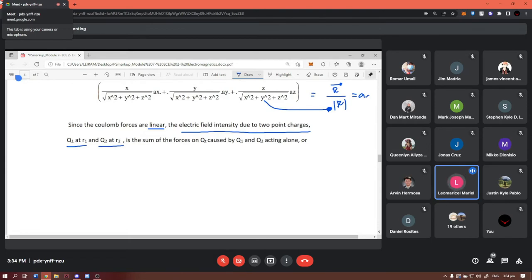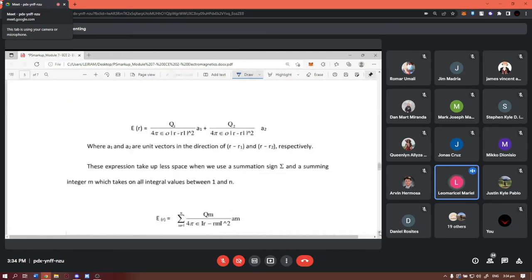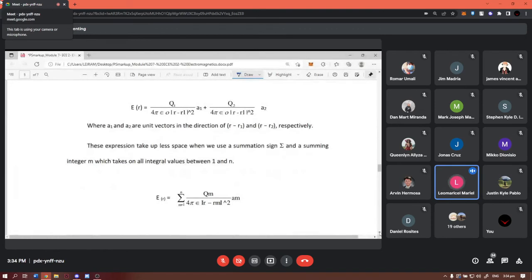So the sum of the force on QT caused by Q1 and QT acting alone will be kamukha lang din nung ginagawa natin sa dati. Yung epekto ng Q1 sa QT plus yung epekto ng Q2 sa QT. Kung halimbawa, apat yan, Q3 sa QT, Q4 sa QT.